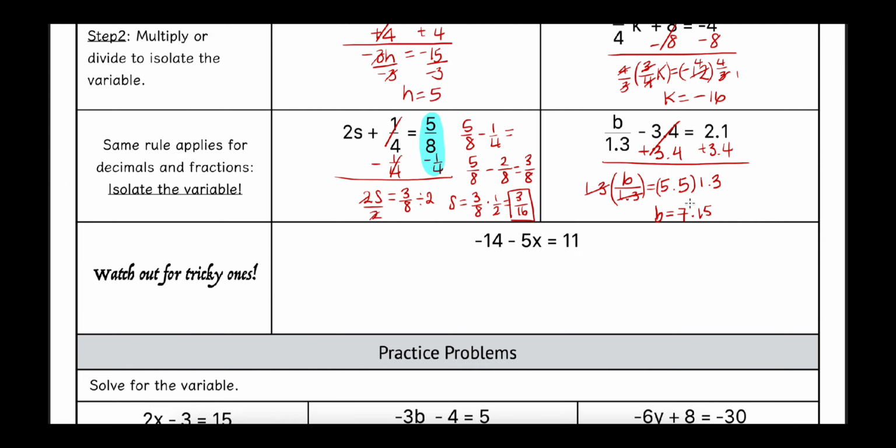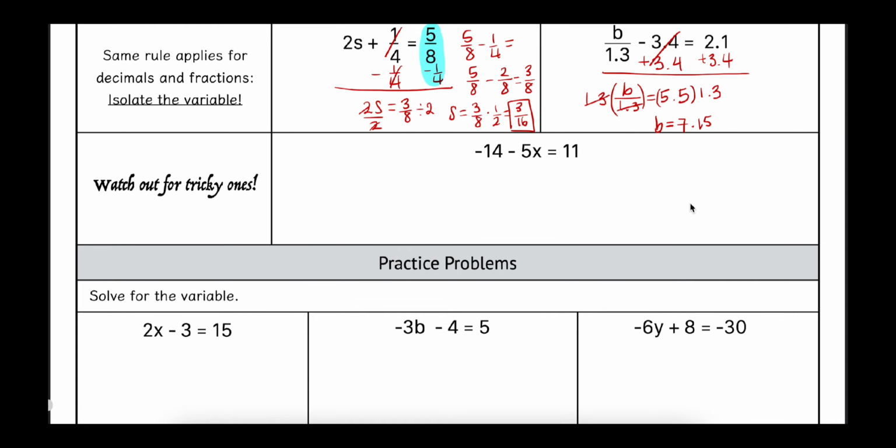Now watch out for these tricky questions. So take a look at this. Again, remember I said to get rid of the number that is far away from the variable first, and then get rid of the number that is close to the variable. So negative 14 is farther from x, so we are going to get rid of negative 14 by adding 14 to both sides.